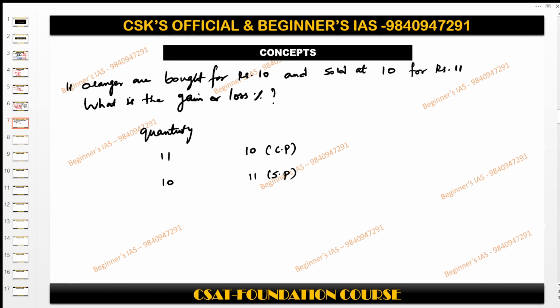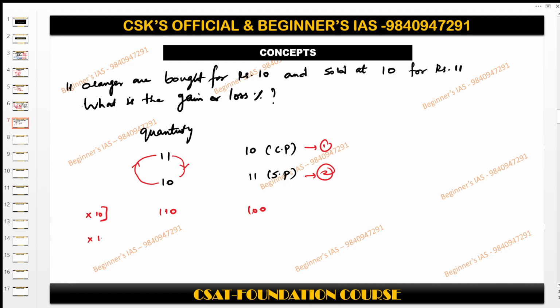To make the same quantity, you need to take the LCM between these two, or simply multiply the numbers. Whatever number you multiply here should be applied to the respective CP and the respective SP. Let us take this as equation number 1 and this as equation number 2. What is the LCM? 110. So in order to make 110, the first equation we have to multiply with this one, so therefore here 100.